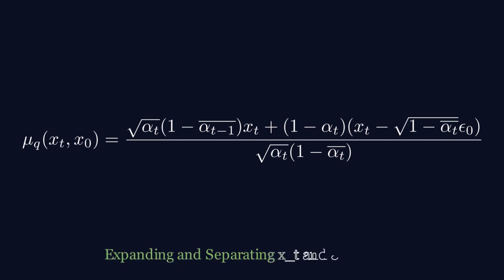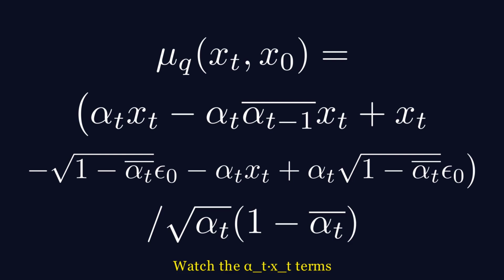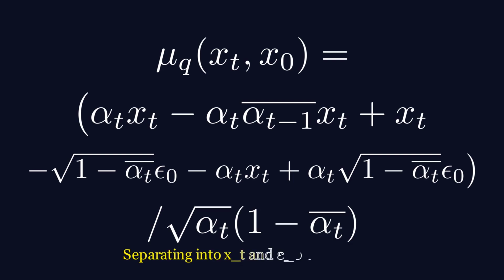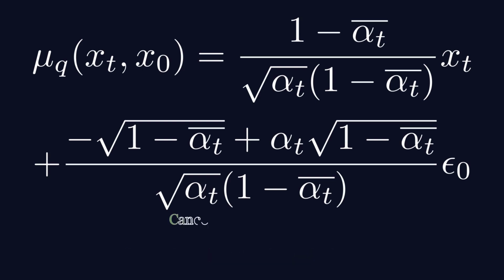Now we expand the brackets and separate the terms. Notice the alpha t xt terms appear with opposite signs, so they cancel. We can now separate into two parts, coefficients of xt on the left and coefficients of epsilon naught on the right.